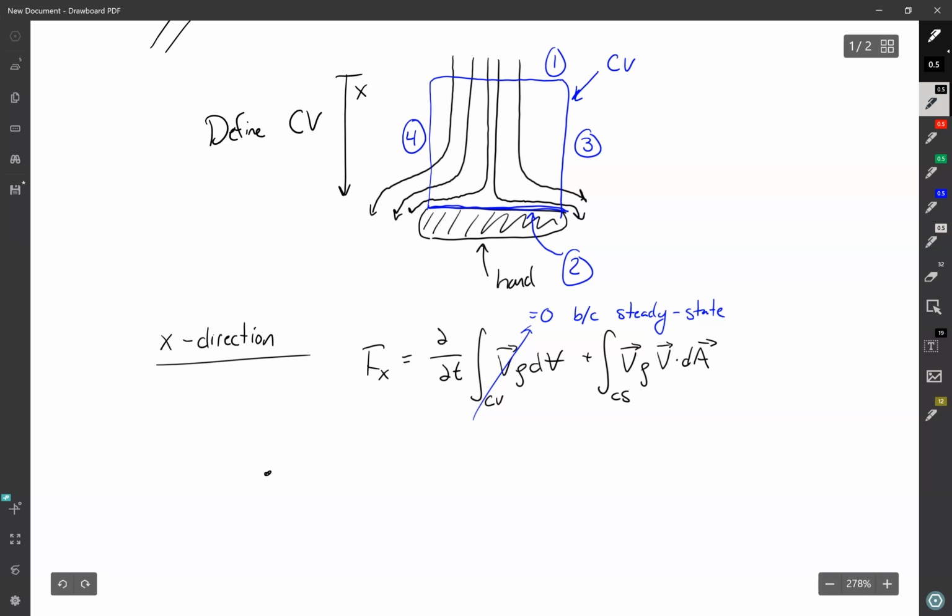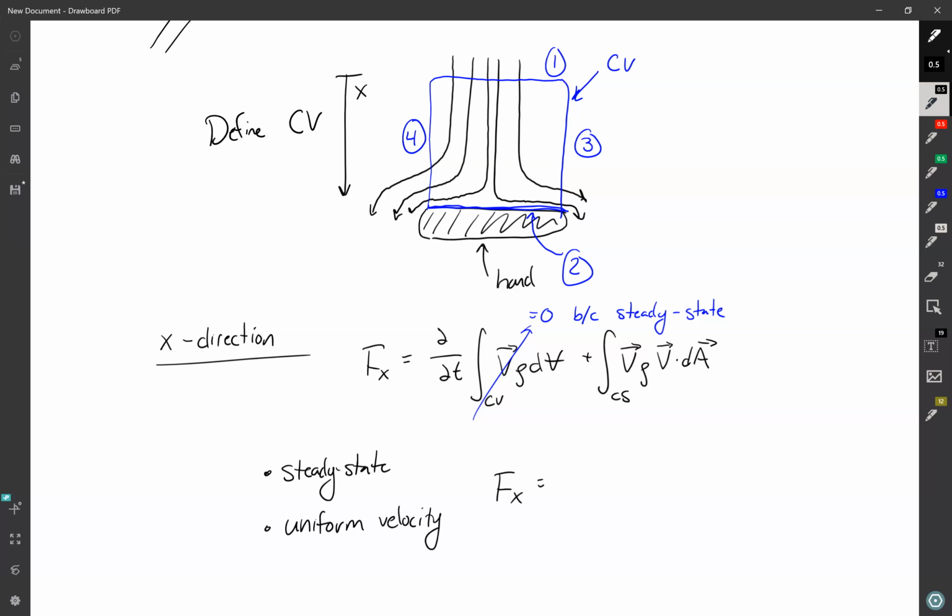If we have steady state and uniform velocity, again, these are going to be common in this class and relatively common in the real world, the net force on our control volume in the x direction is equal to the sum over all of those control surfaces of u, which is the x component of the velocity, times density, times velocity dotted with the area.